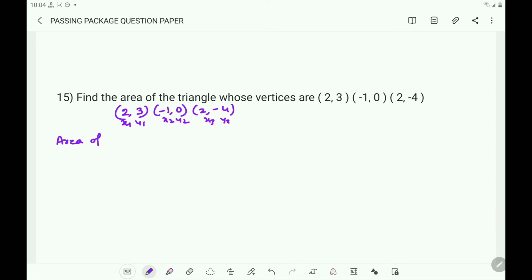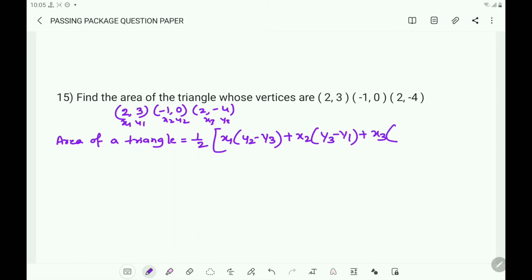Area of a triangle, you know that, is equal to half into x1 into (y2 minus y3) plus x2 into (y3 minus y1) plus x3 into (y1 minus y2).